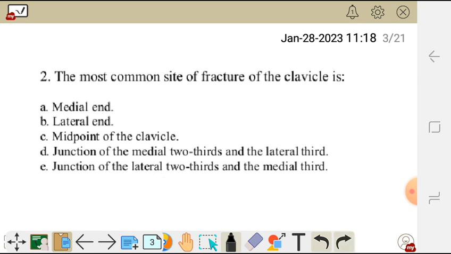So the correct answer for question 2 is D. The common site for fracture of the clavicle is the junction of the medial 2/3 and the lateral 1/3.